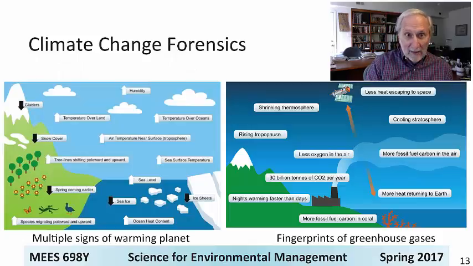There are other forensics, other indicators of both this warming trend as well as the human source of it, summarized in these slides. They include things like sea level rising as a result of the warming ocean, the melting of land-based ice, increase in humidity, decrease in snow cover, the phenology of plants, when plants are leafing out, blooming, the migration of species, the ocean heat content, we'll show you that in a little bit.